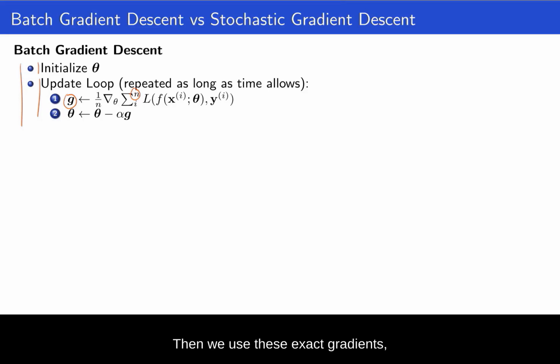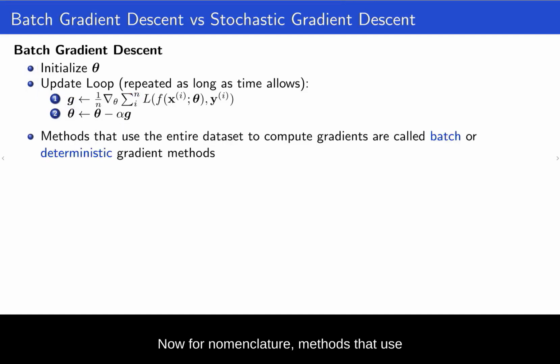Then we use these exact gradients, multiplying them by the learning rate and subtracting the result from the current parameter vector theta. Now for nomenclature, methods that use this entire data set to compute the gradients are called batch gradient descent, or also deterministic gradient descent methods.